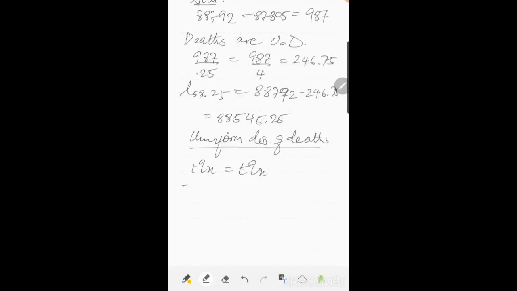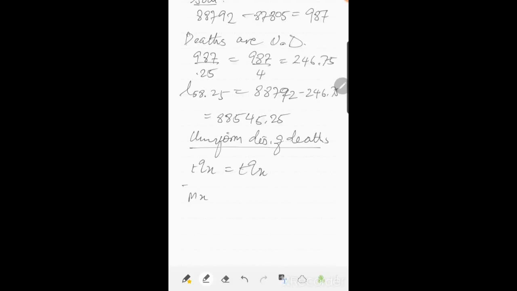And we also need to know about mx. So mx is just what? So mx is just the probability of dying between exact ages x and x plus 1 per person per year.